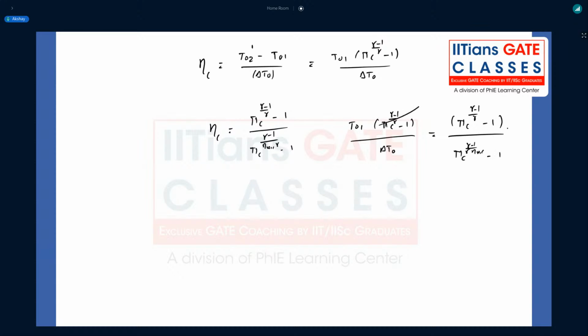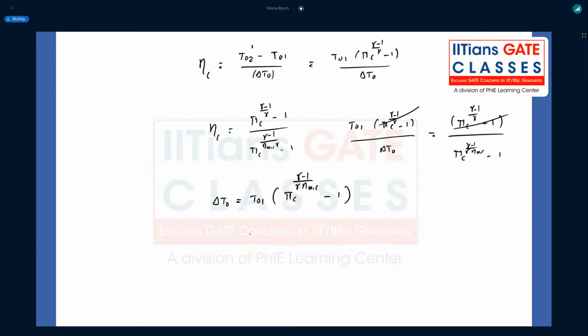So if I cancel this and this out, I can write delta T naught equal to T naught 1 times (pi c to the power of (gamma minus 1) by (gamma eta infinity c), minus 1).